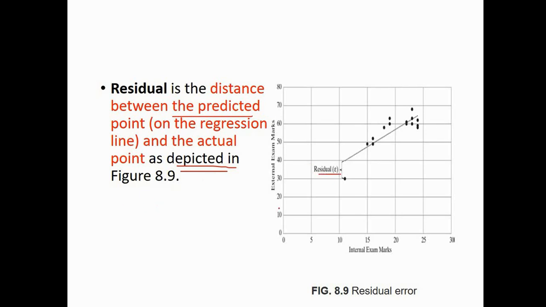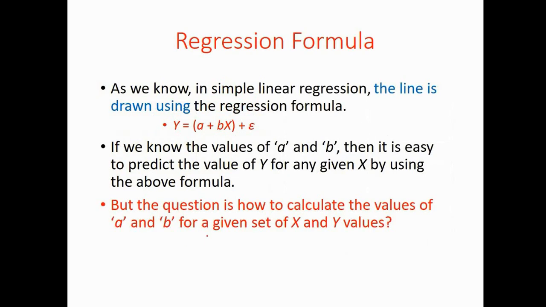Thus, the residual value is represented with the symbol epsilon. So now the regression equation will become y is equal to a plus bx plus epsilon, that is the residual value. If you know the values of a and b, it is easy to predict the value of y for any given x by using the above formula.